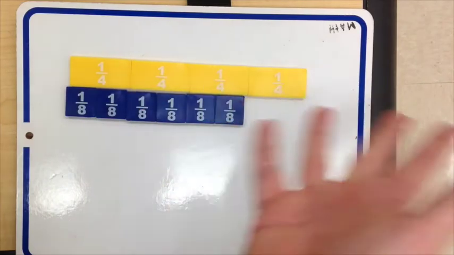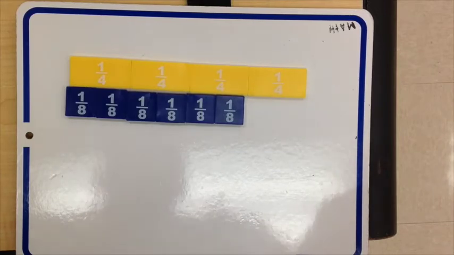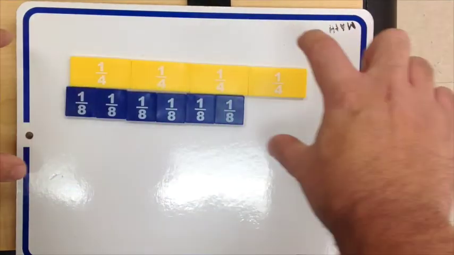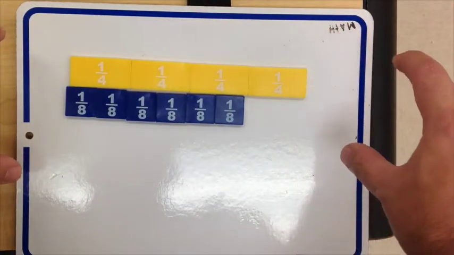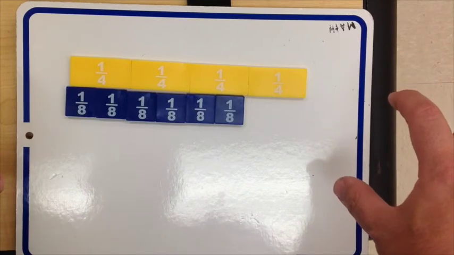So 3/4 divided by 1/8, when you make it 3/4 times 8, gives you 6. So the tiles here show that multiplying by your reciprocal will in fact give you the correct answer.